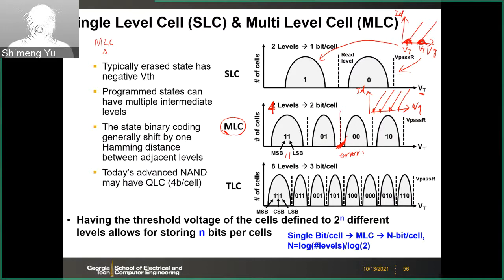Then you only want to have 1 bit error instead of 2 bit error. So if you have the conventional mapping and this crossover, then your data changes from 01 to 10. That means 2 bit error. But if the Hamming distance between the adjacent levels differs by 1, then you only have 1 bit error. And similarly, you can check the 3 bit per cell encoding, and I believe the adjacent cells differ by 1.